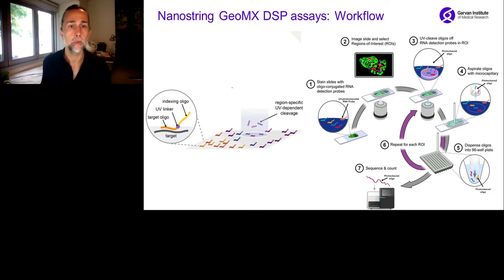Starting at number one, we stain slides not only with a library of these oligos, but also with antibodies that allow us to get an immunofluorescent image to guide where we do our studies. We image the slide, select regions of interest. We then illuminate those regions of interest. Those barcodes are released, they're aspirated, and then measured.